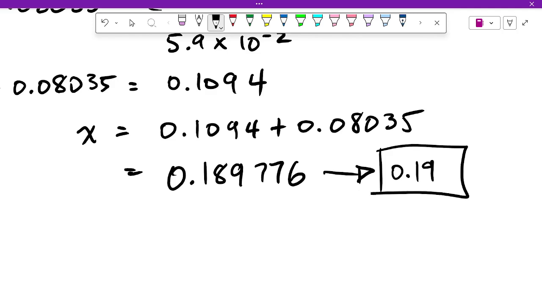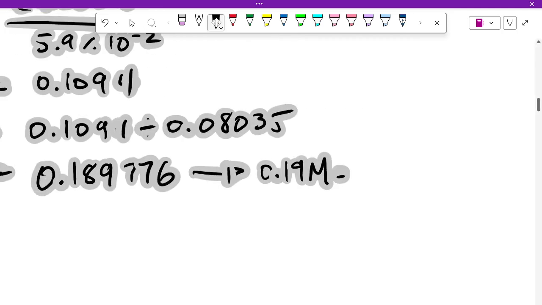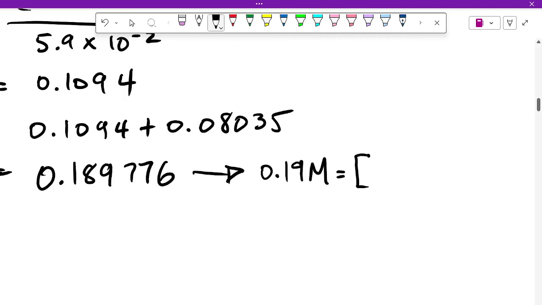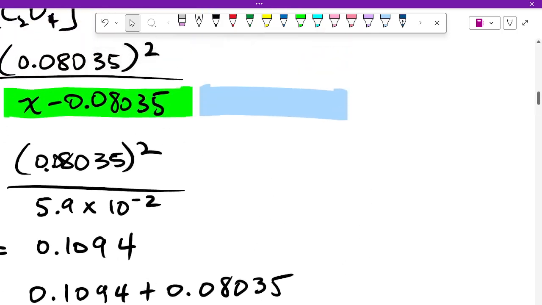And am I done? Box it, done? No, what do I have to do? What was I looking for? That is molar. And that is what? That is the concentration of, let's go look.